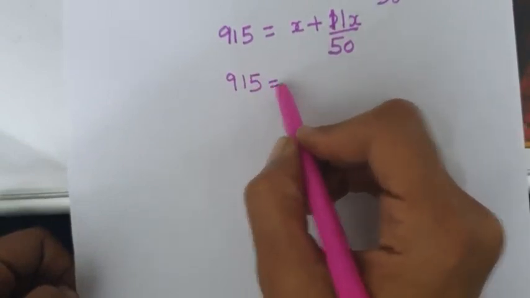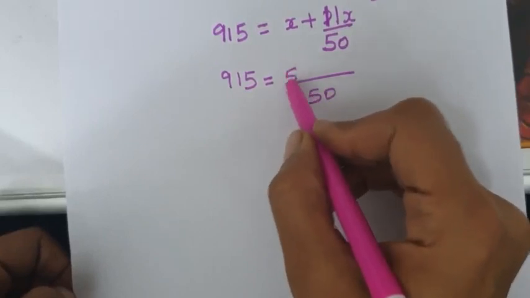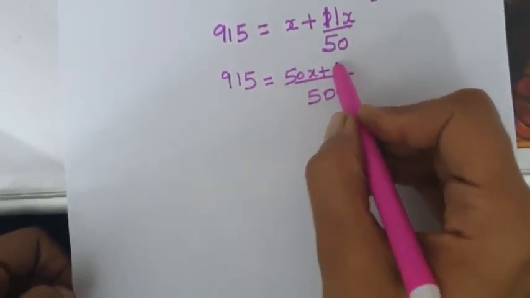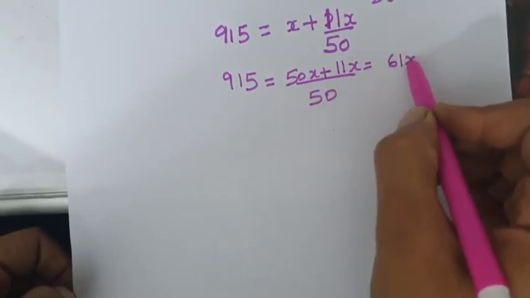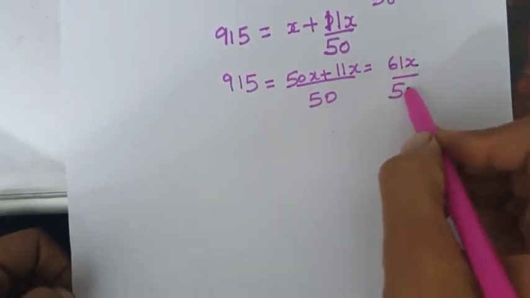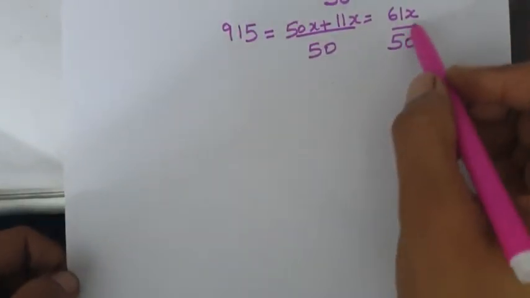915 is equal to, with LCM 50, so 50x plus 11x. What we get? 61x upon 50. Clear? So now you have to find x.